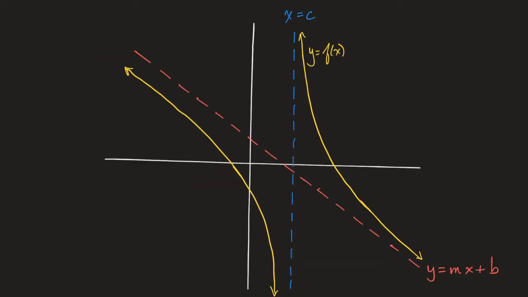What I've put on the screen now is an example of what an oblique asymptote could look like. For this type of function, I've drawn the function in gold. You'll notice that it has a vertical asymptote, and I just called it x equals c. And then you'll notice the red dotted line would represent an oblique asymptote.